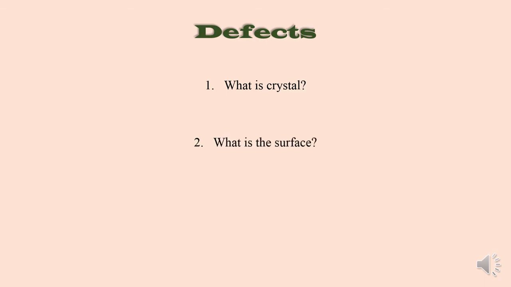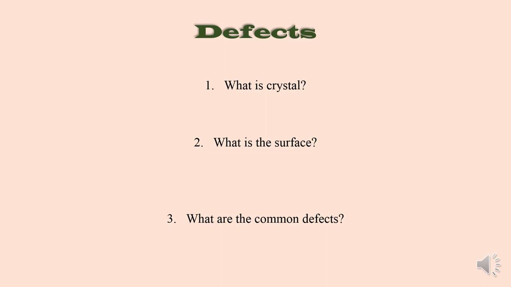Second question is, what about the surface? The surface means there is a loss of crystallinity on one side. Some of the atomic bonds are missing on the surface, which brings us to defects in the crystal surface. Third question is, what are the common defects in the crystal?